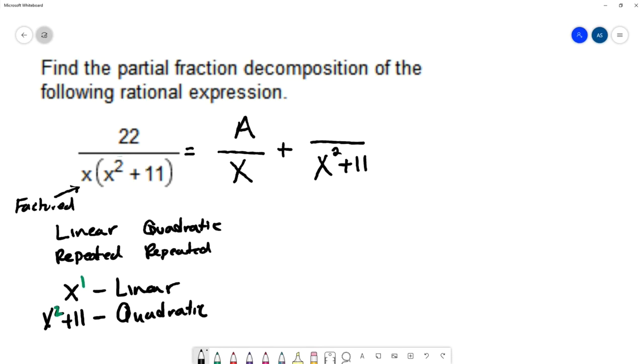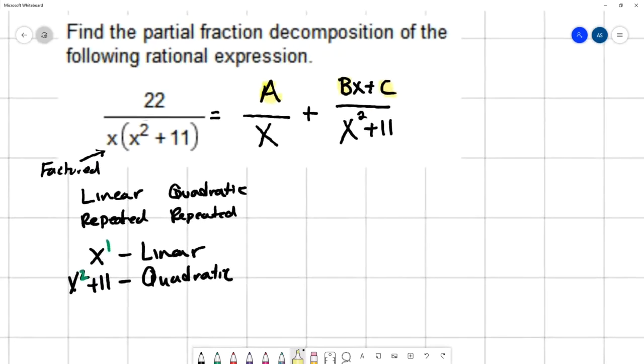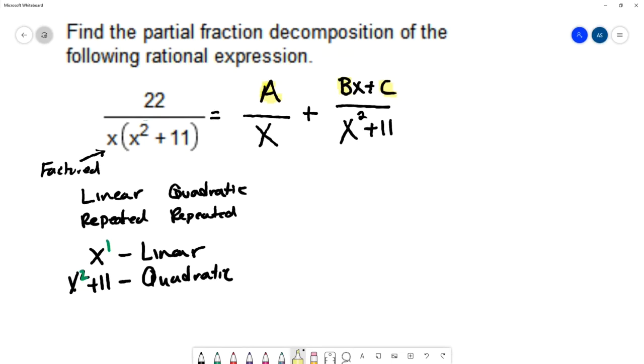However, a quadratic factor will have a linear factor in the numerator. And I want to make sure that I use different variables for those constants. And we're going to have to figure out what A, B, and C are for this partial fraction decomposition. So this is our setup for that. And now we're going to work on finding that A, B, and C.